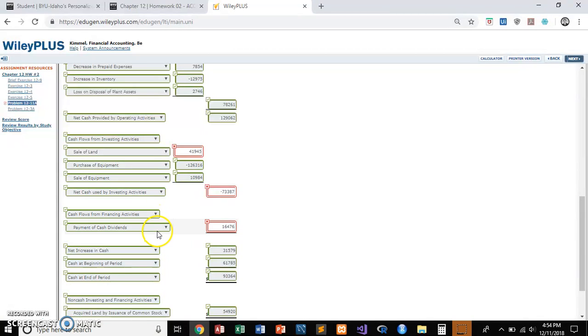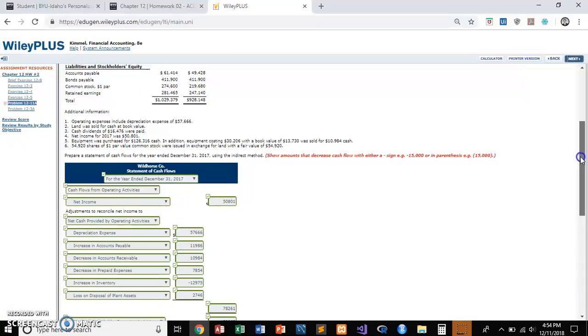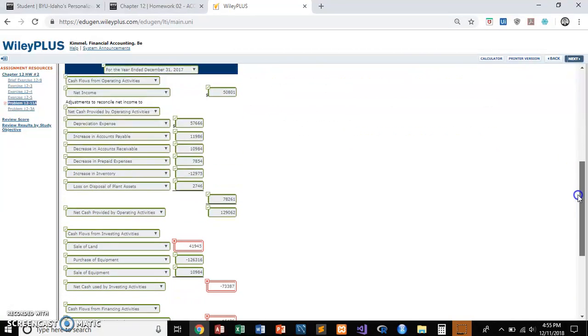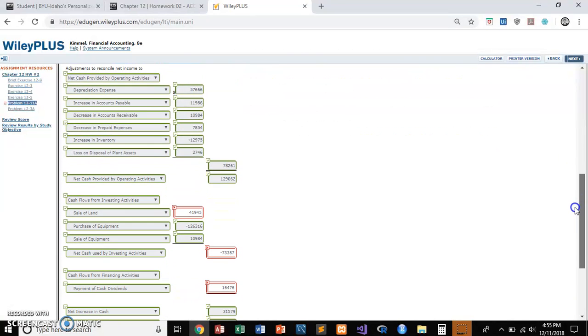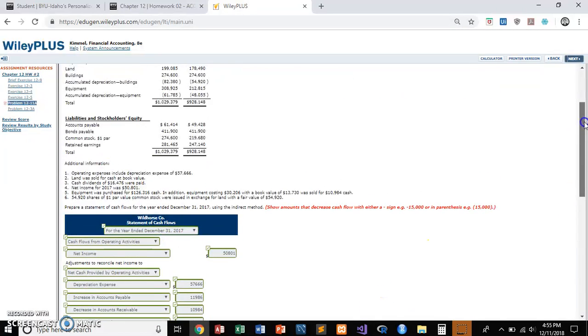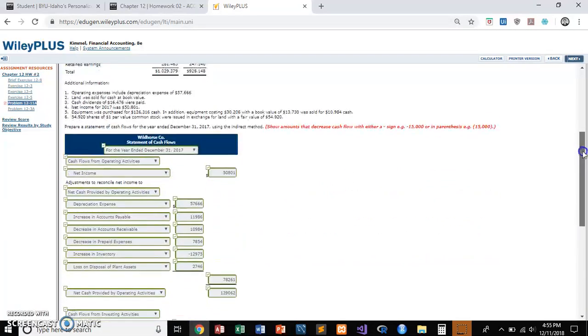We know we're going to be recording payment of cash dividends, which it says cash dividends of $16,476 were paid. So I recorded that, but it doesn't look like they like that answer, so maybe you guys can tell me where I'm going wrong here.